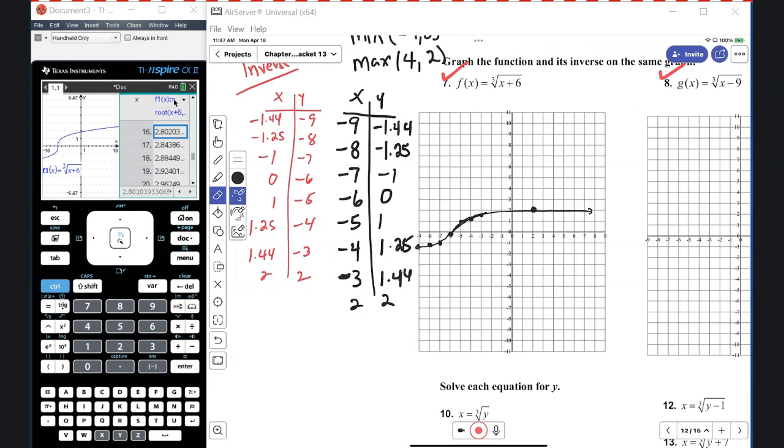To find the inverse, we switch the x and the y of the original function. In this problem, we have to graph the cube root of x plus 6, and we also have to graph its inverse.